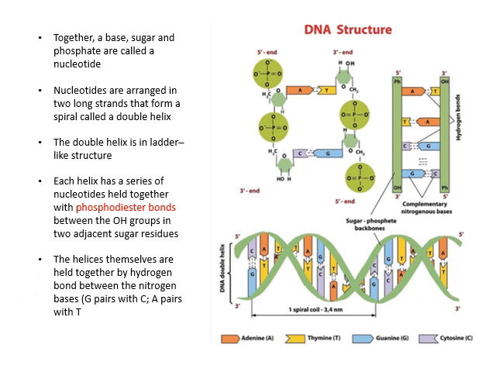So now you know DNA is a long chain of nucleotides, and a nucleotide is composed of a nitrogenous base, sugar, and a phosphate. Those nucleotides in DNA are arranged in two long strands that form a spiral called a double helix.